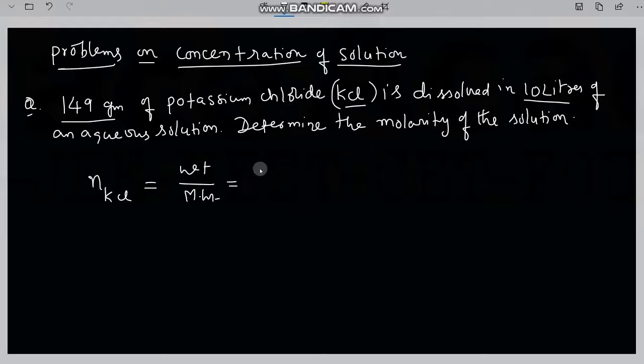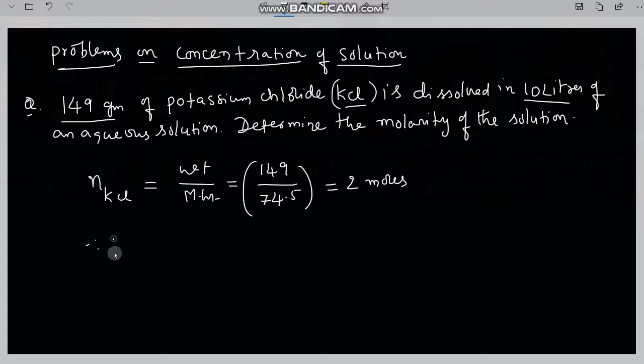The weight is 149 grams, and the molecular weight of potassium chloride is potassium 39 and chlorine 35.5, total 74.5 grams. Exactly, 74.5 times 2 is 149. So the number of moles of potassium chloride is 2 moles. So the mass 149 grams is 2 moles of KCl.